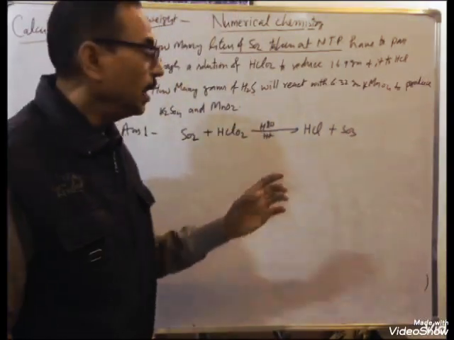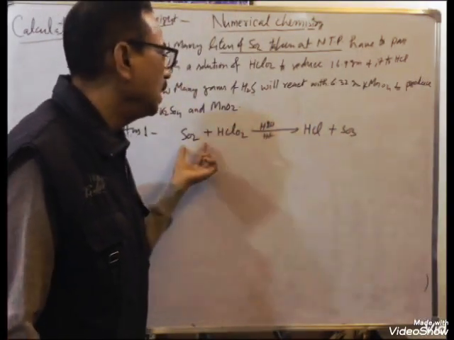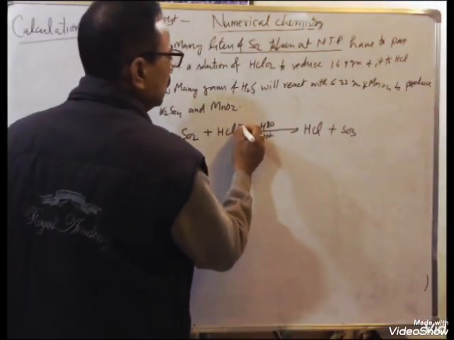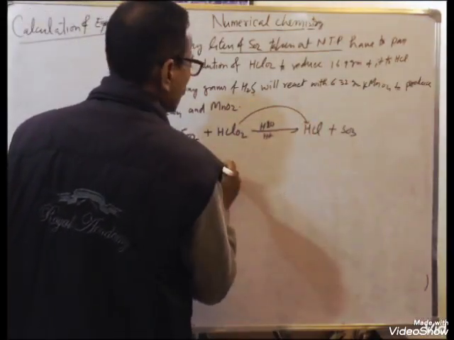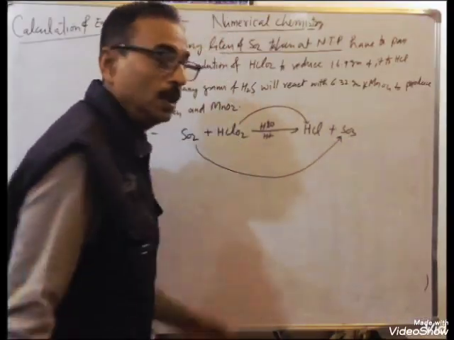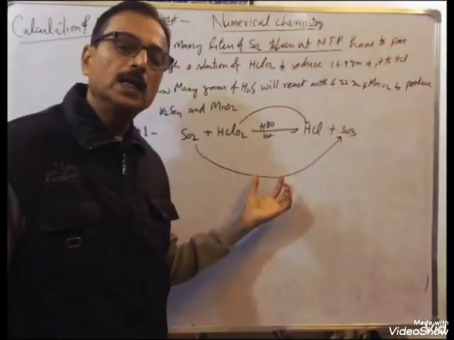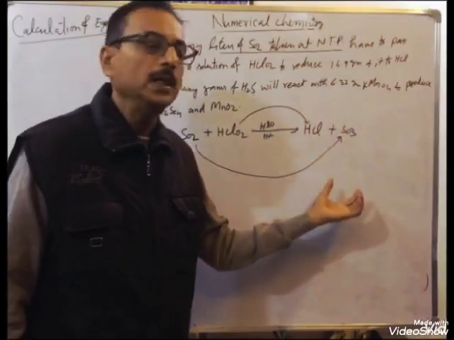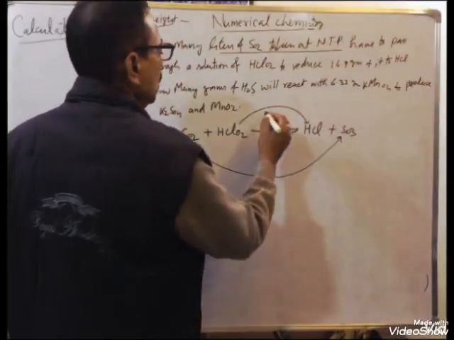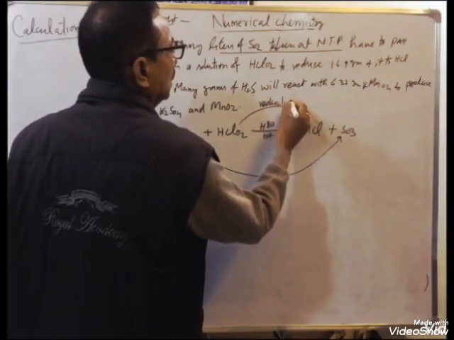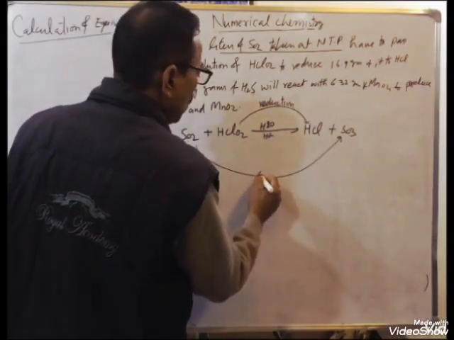In any reaction, if one is oxidized, the other will be reduced. So this is reduced to this, so it will oxidize to this. In any reaction, oxidation and reduction take place simultaneously. So this is the reduction reaction, and this is the oxidation.